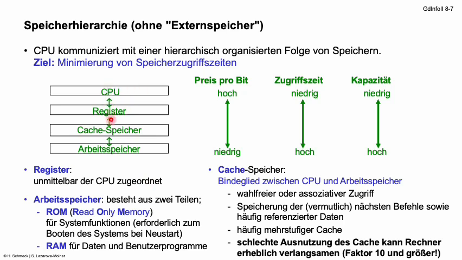Then the next level is a cache memory, which is very fast and usually limited in size, and sits between the CPU and the main memory. When the CPU works, it first checks whether it can find something in the cache.